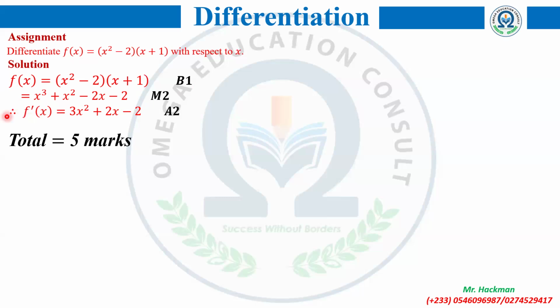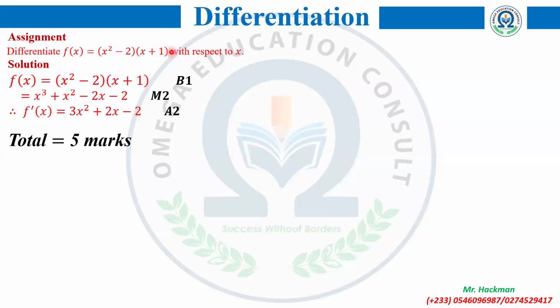So I will write: therefore f prime of x will be equal to, then I differentiate. It will be d/dx of this side. Some of you wrote it, that is okay as a guide. So d/dx, and you put the whole of this in brackets. If you wrote d/dx of this side and you didn't put the whole of this in brackets, take note.